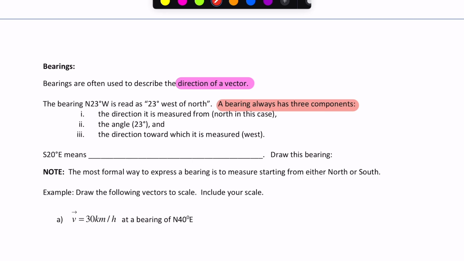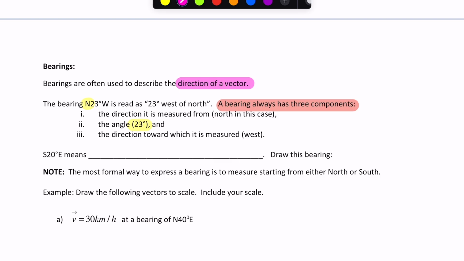Number one is the direction it is measured from, which is north in this particular case. Then the angle, which is 23, and the direction towards which it is measured.